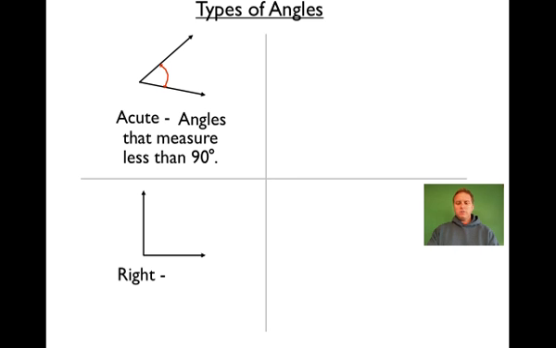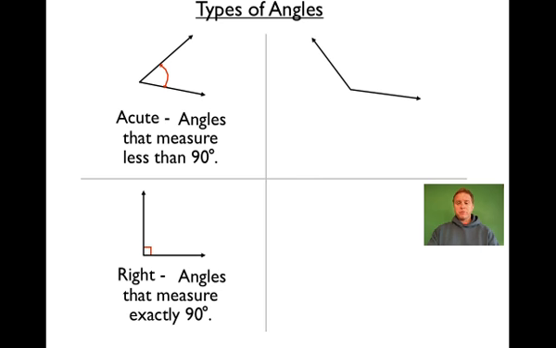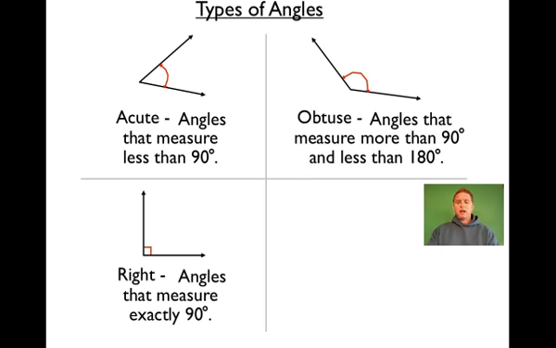Right angle, most of us are familiar with this. We'll see a little square in the vertex, and that's an angle that measures exactly 90 degrees. Then we have our big angle, known as our obtuse, and that's an angle that measures more than 90 degrees but less than 180.